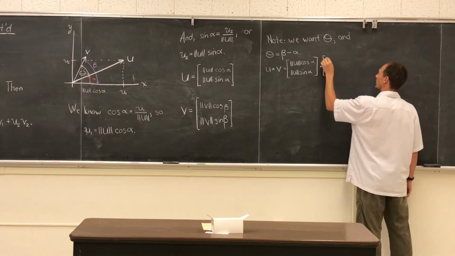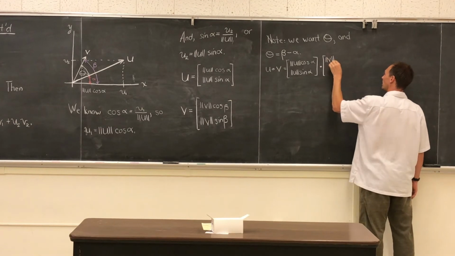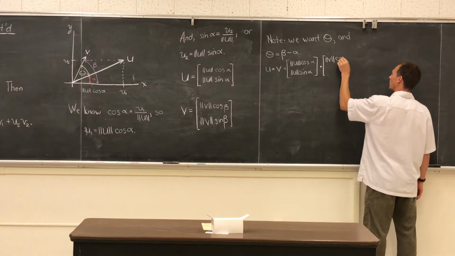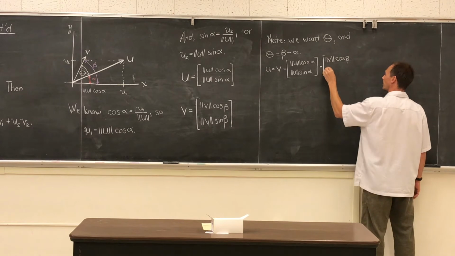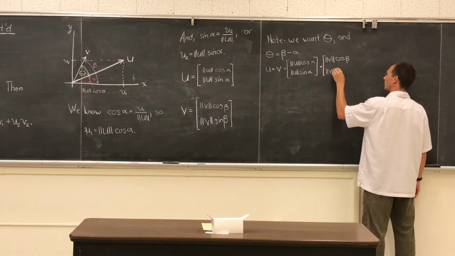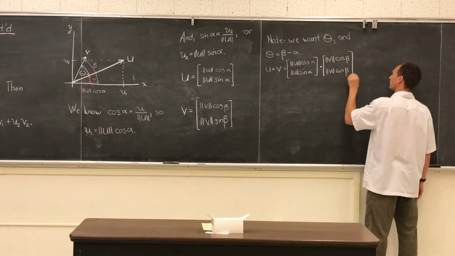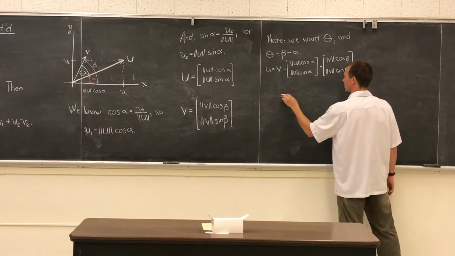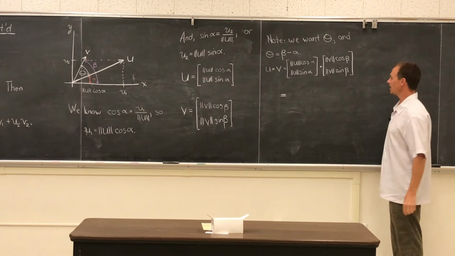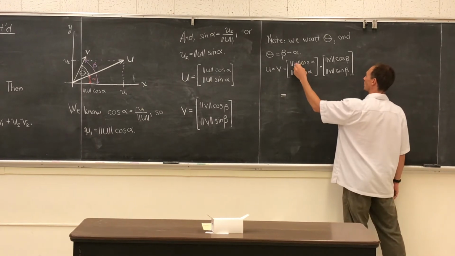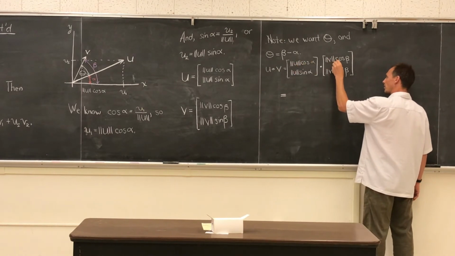Well, v is the length of v cosine beta, and the length of v sine beta. Okay, the dot product, we're going to use what we did at the very beginning today. So that means we take the first component of u times the first component of v.